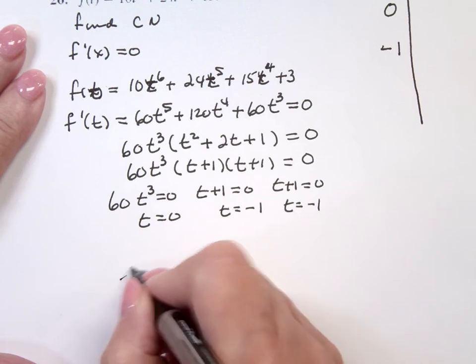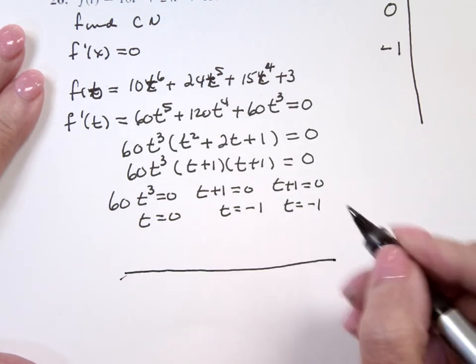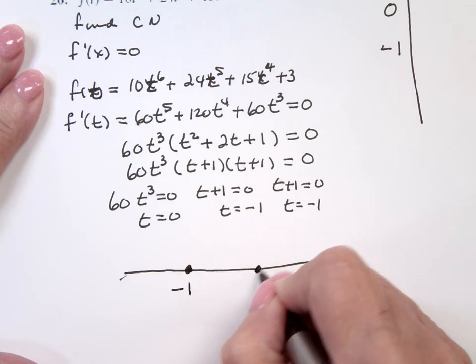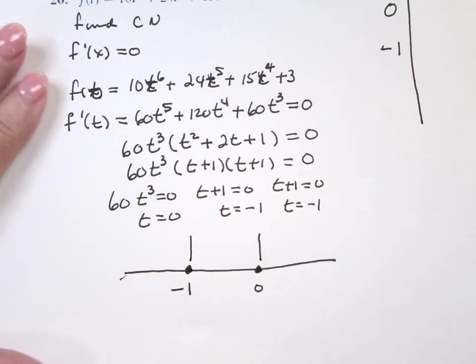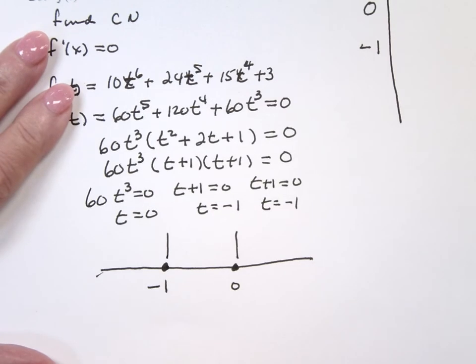So on my number line, I put my critical numbers, negative 1 and 0. Pull my test points.